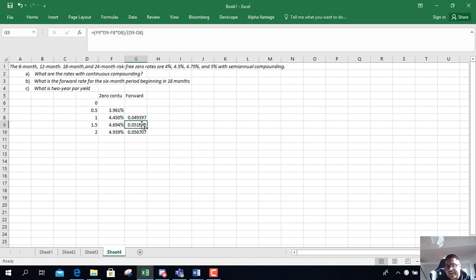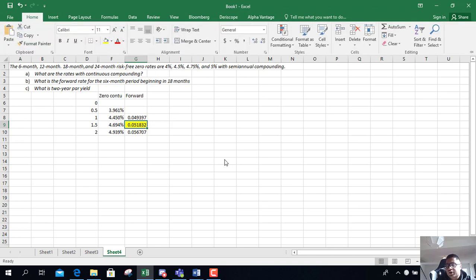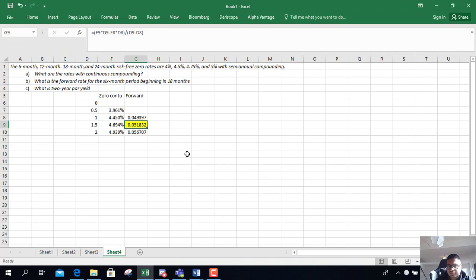So forward rates 18 months, that is 1.5 years from now, will be 5.18. Okay. So what is the forward rate for 6 months beginning in 18 months? You know that now. Next, they are asking you par yield.